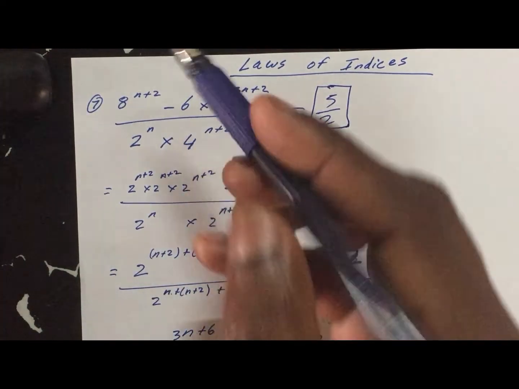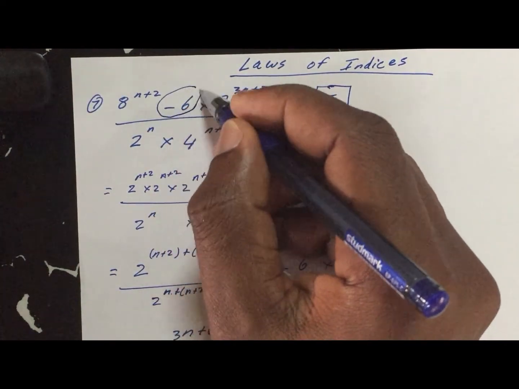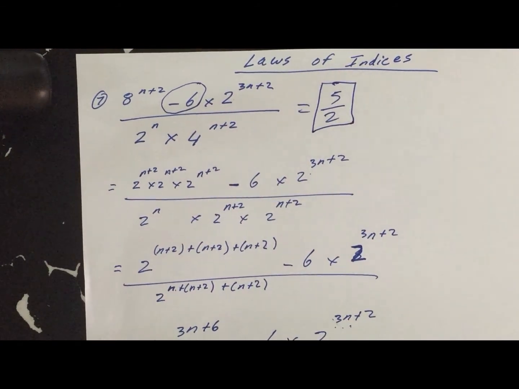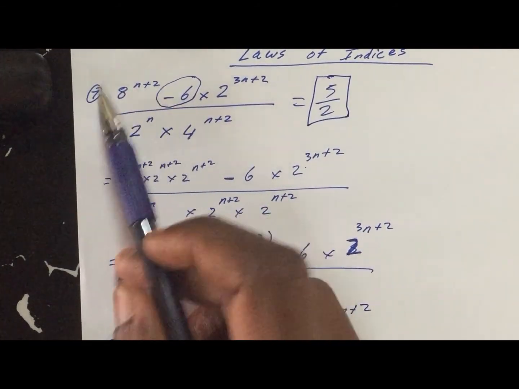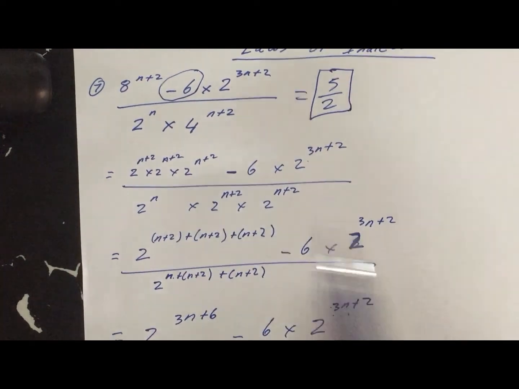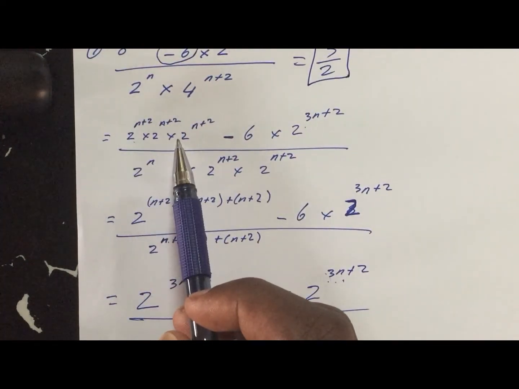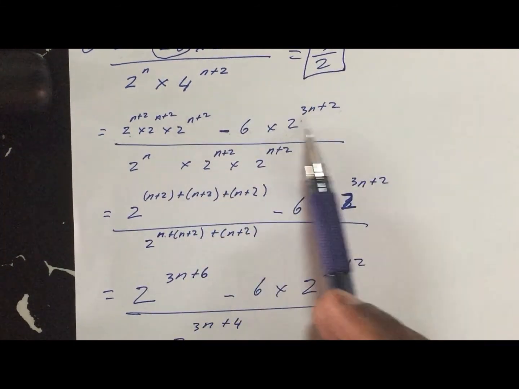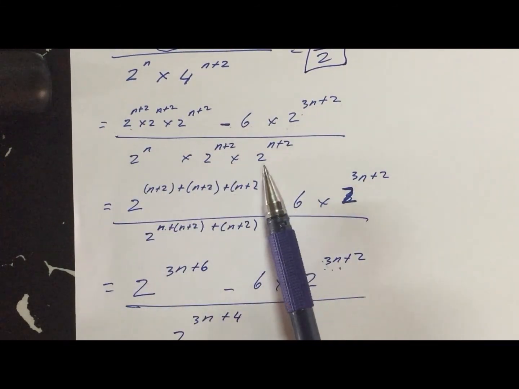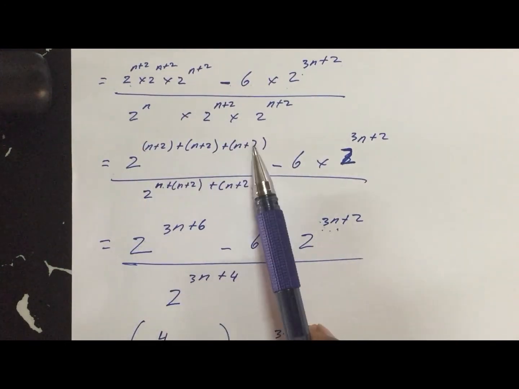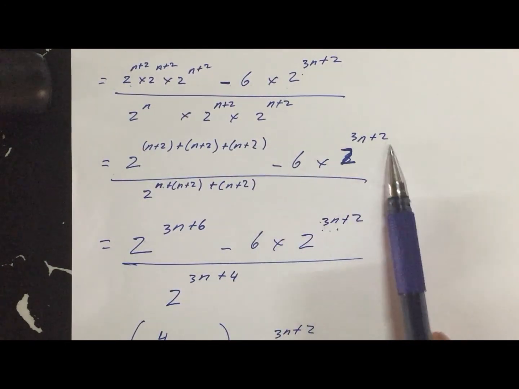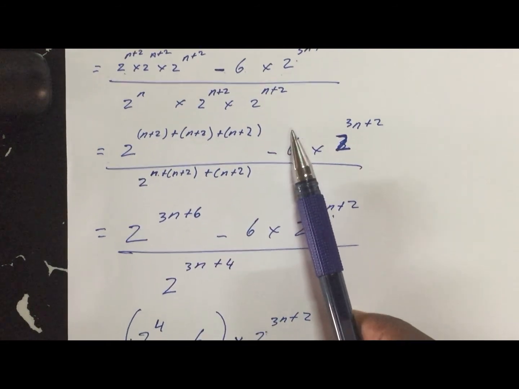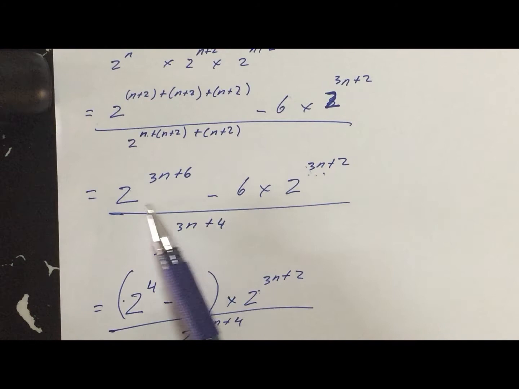This is our problem. We see we have something different here than usual, minus 6, so we leave that as it is. We cannot touch that because it is married to this. So we break down the 8, leaving the minus 6. We break down our denominator and group our like terms, but we cannot group all our 2s because of this. So we simplify it.